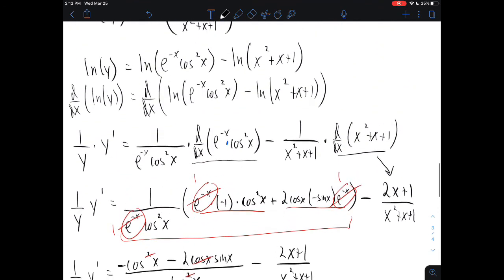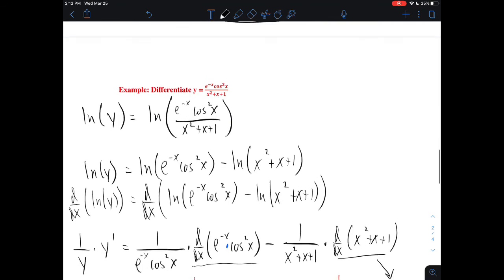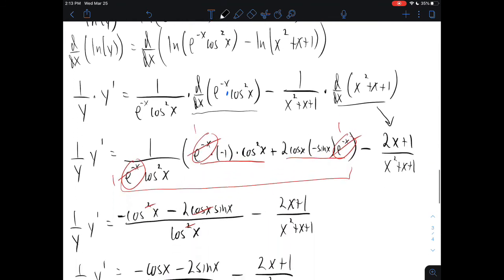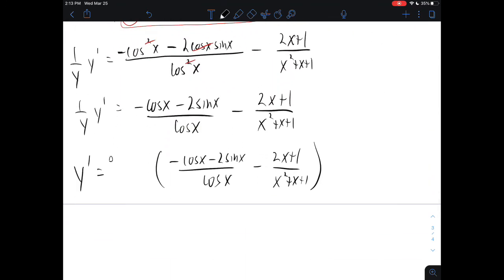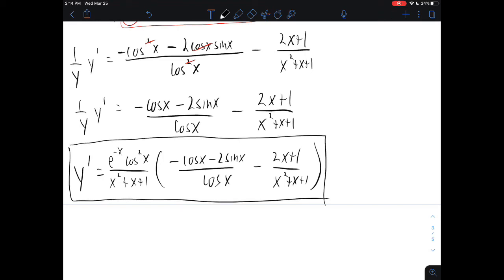So instead of writing y, I'm just going to write down the expression we had for y. E to the negative x cosine squared x divided by x squared plus x plus 1. And again, if we distributed, maybe there would be some simplification, but it would still be two pretty complicated fractions. So that's good enough for our purposes.